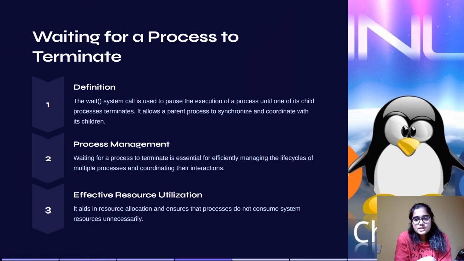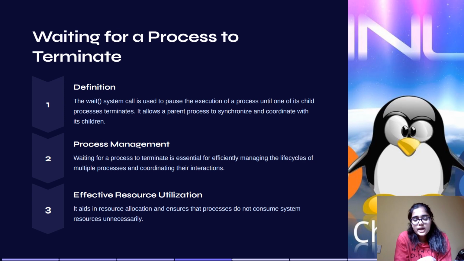Now let's discuss the third system call, that is waiting for a process to terminate. The wait system call is used to pause the execution of a process until one of its child processes terminates. It allows a parent process to synchronize and coordinate with its children.